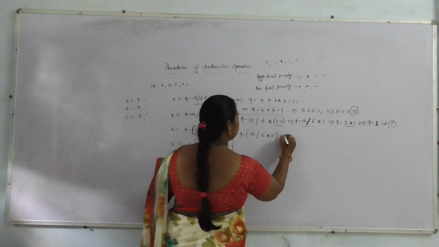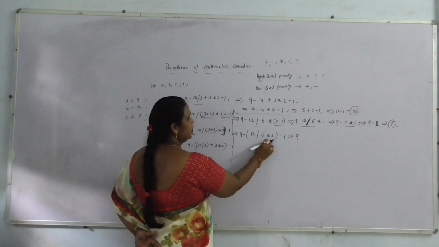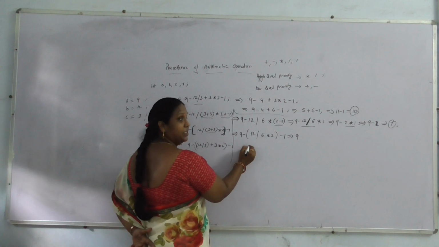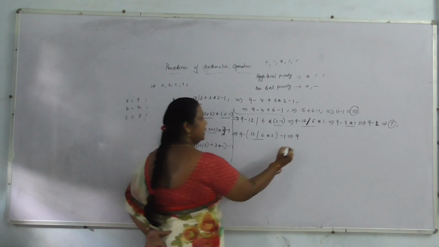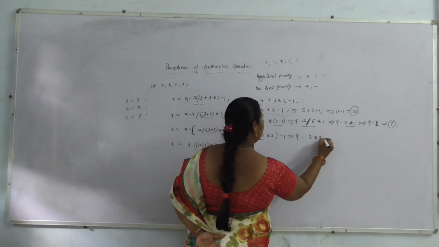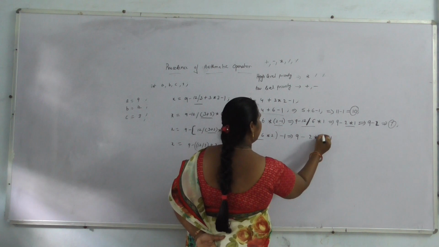Then 9 minus, in this bracket the precedence of the operator is divided by. 9 minus 2 asterisk 2 minus 1.